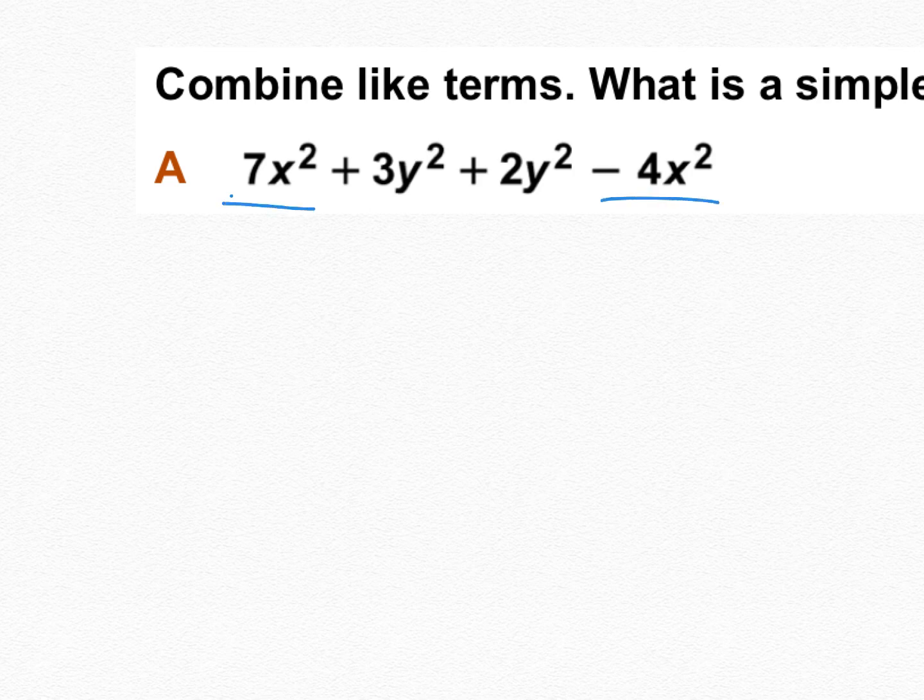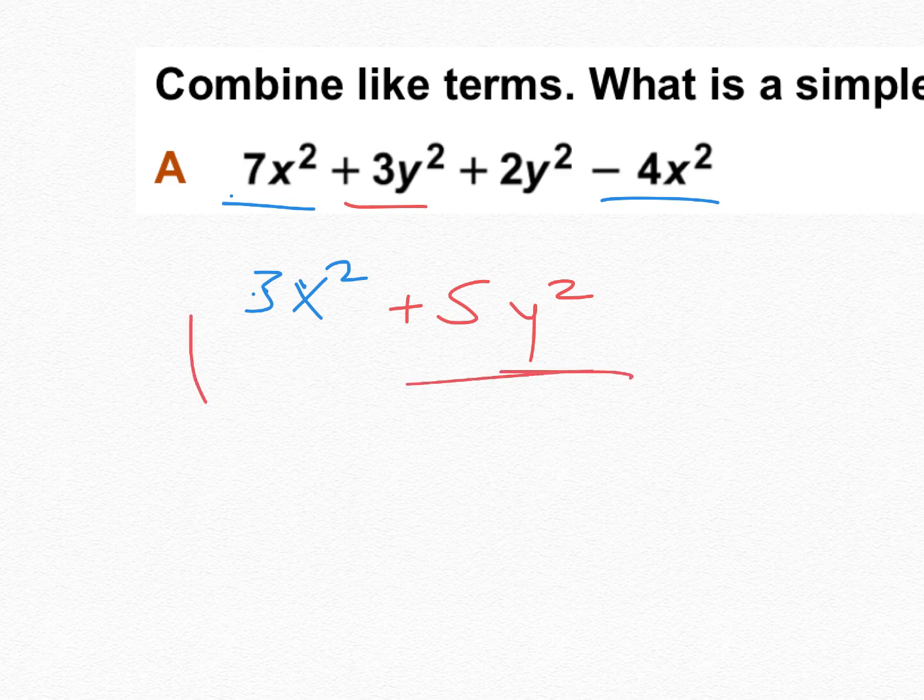So what's 7x squared minus 4x squared? 3x squared. And what about 3y squared? Do I have any like terms with 3y squared? 2y squared. What's 3y squared plus 2y squared? 5y squared. That's our answer.